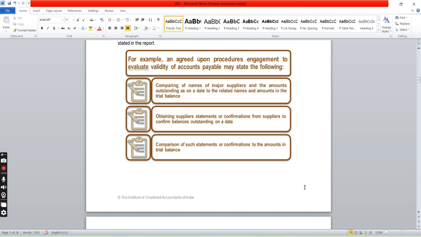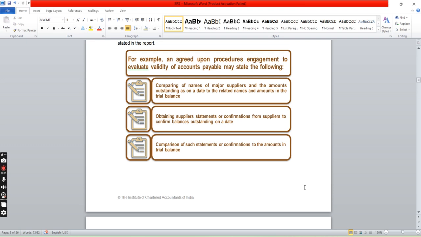Compare the names of major suppliers and the amounts outstanding as on the date to the related names and amounts in the trial balance.